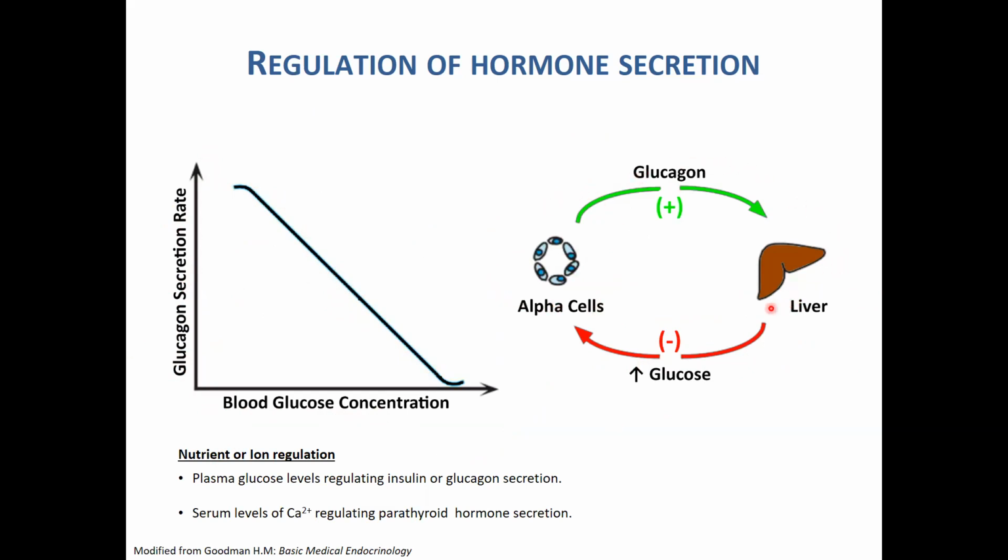Glucagon goes to the liver. It stimulates the release of glucose, increases hepatic glucose production. That rise in glucose is going to feed back and inhibit the alpha cell. Other examples of that are different levels of serum calcium regulating the secretion of parathyroid hormone. And we'll discuss that next week when we discuss the parathyroid gland.